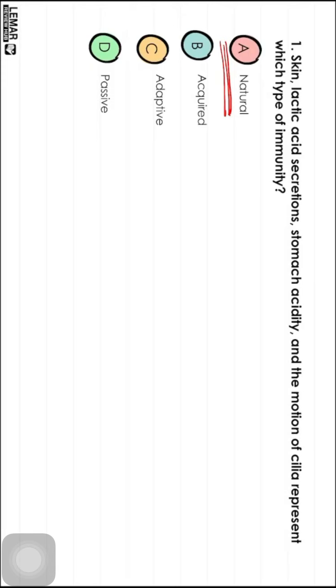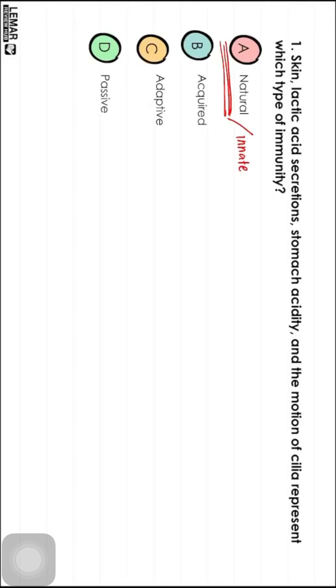So remember that skin and mucous membranes, along with other functions such as phagocytosis, complement, acute phase proteins, and others are all part of natural, also known as your innate immunity. Okay?